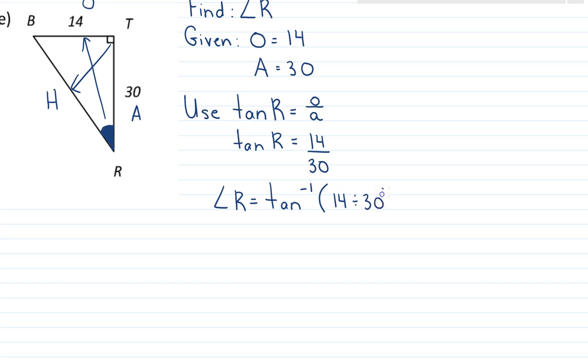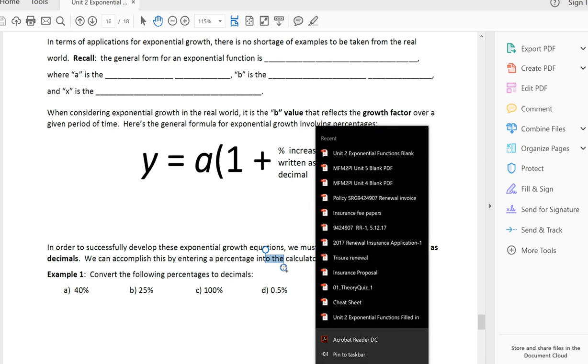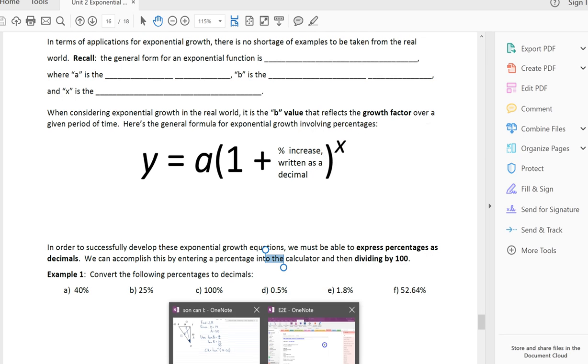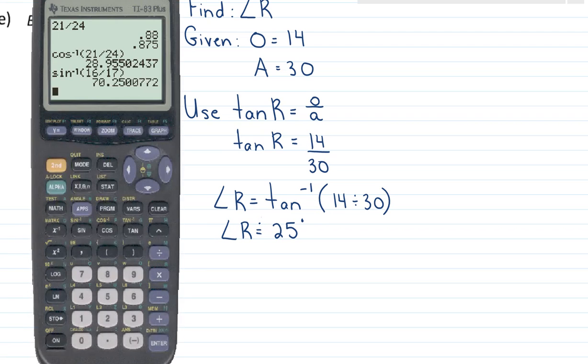That's right. So when I go to my calculator and I actually try it, if you round it to the nearest degree, 25 degrees. Okay, I'll write that down. So angle R equals, we're told, approximately 25 degrees. So I'm just going to check it.